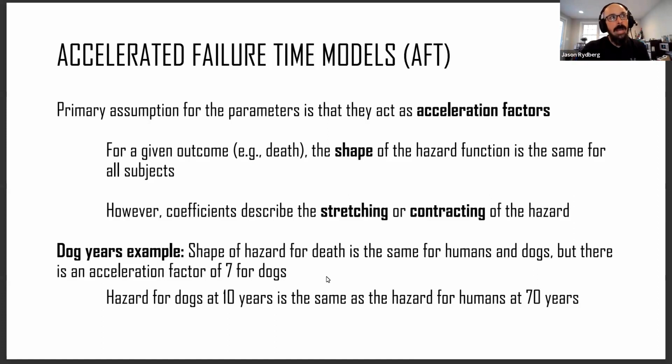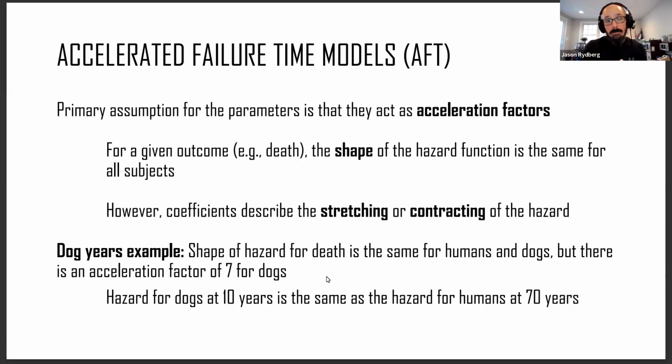So just imagine in your mind, I know in class we talked about what the shape of the hazard for human mortality looks like, where initially it's low, but it's higher than it is at some later point in life. So it's initially a little high, and then it declines. And then as people get older and older, the hazard curve goes up and up and up, just due to old age, so the likelihood of mortality.